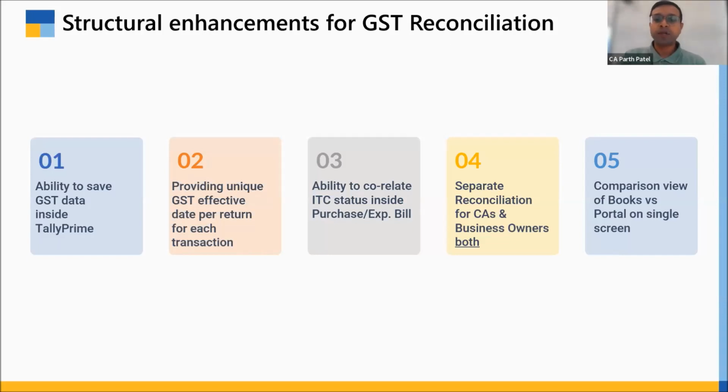In this case, we as professionals always ensure that our clients do not have any kind of ITC loss throughout the year. And for that, all the staff in our office work seamlessly and in a timely manner, right? So GSTR-2B is a reconciliation which solves the problem of ITC loss.